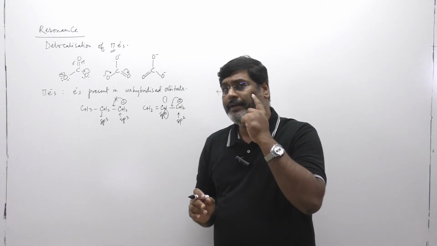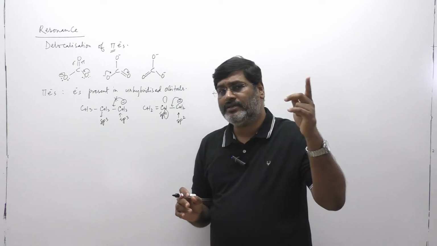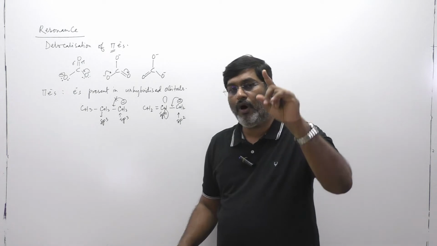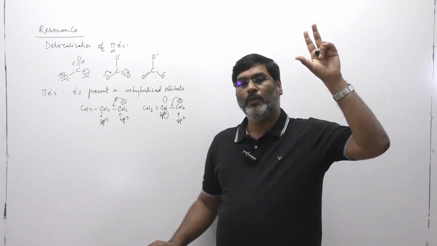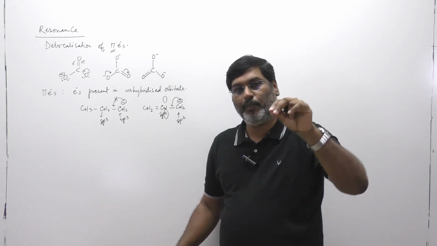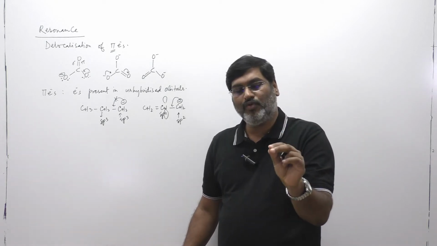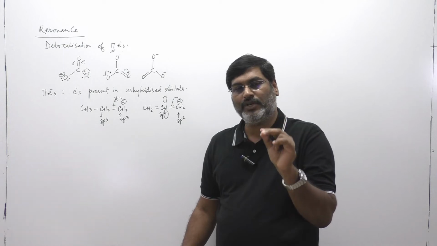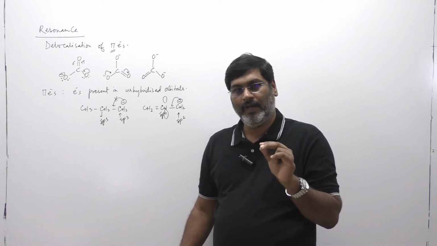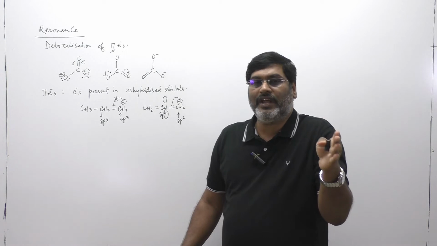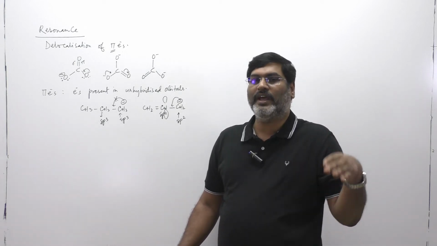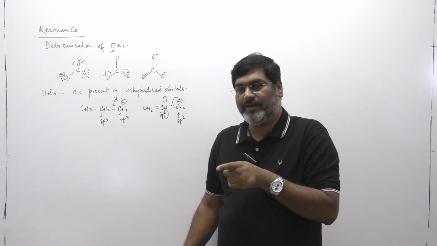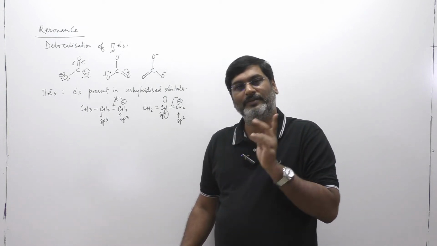Sir, then is it possible in any other cases? It is possible in all such cases. Whenever you find a lone pair, whenever you find a negative charge present on an atom and on the adjacent atom, if the hybridization is sp2 or sp, then its hybridization will be sp2 only.